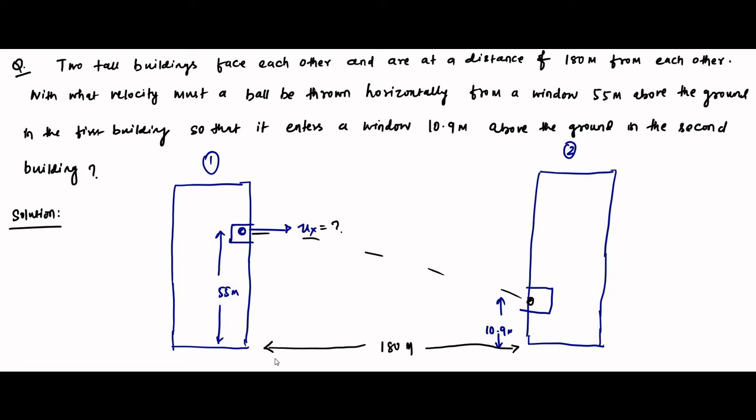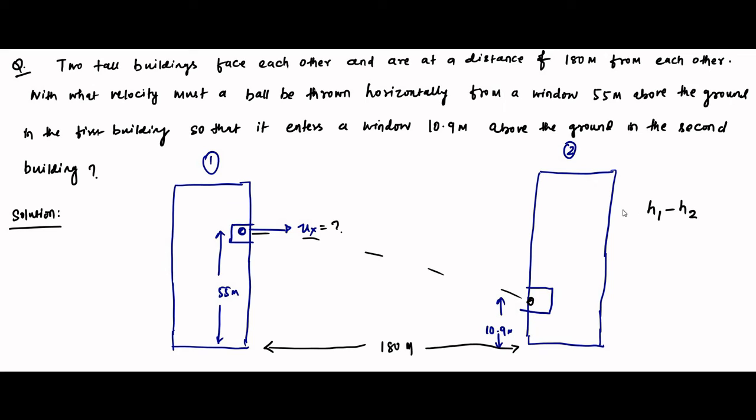Okay, so in case the ball exactly reaches this second window, the net vertical displacement undergone by the ball is simply the height of the first window minus the height of the second window above the ground.